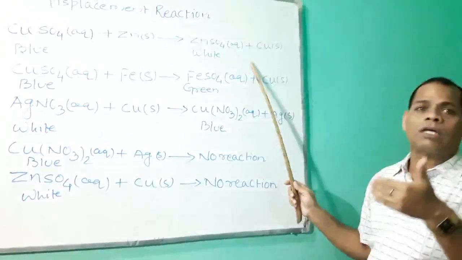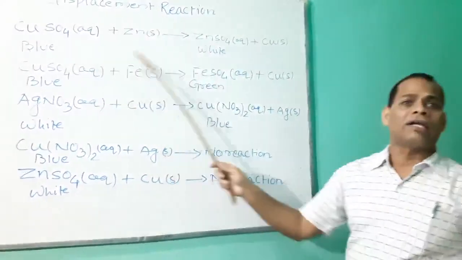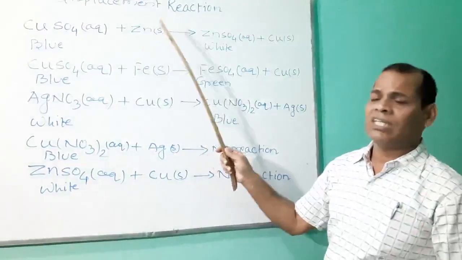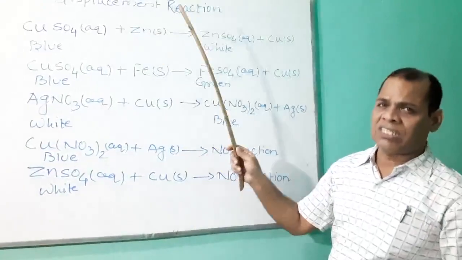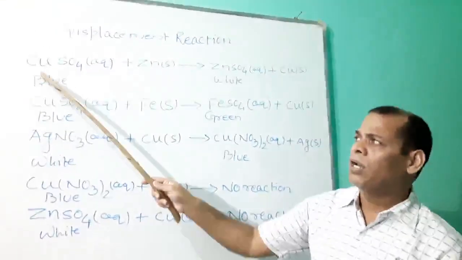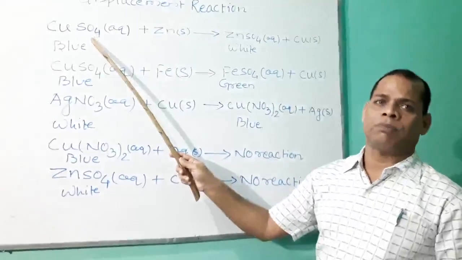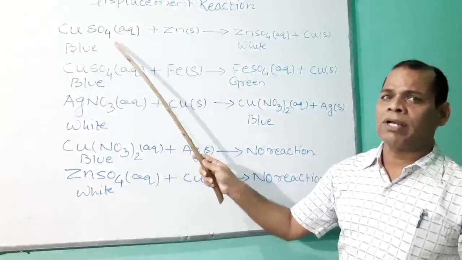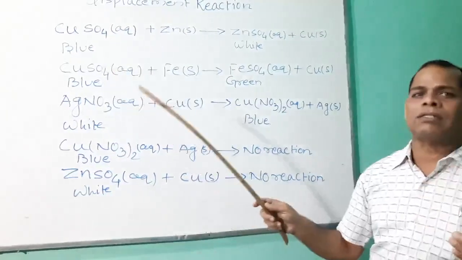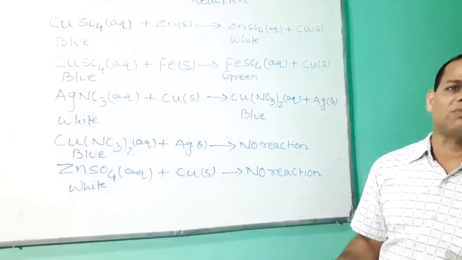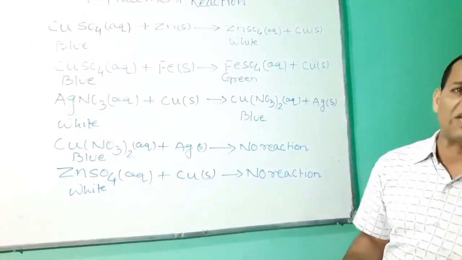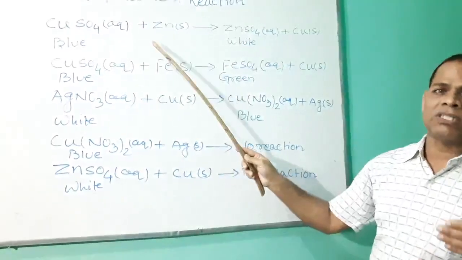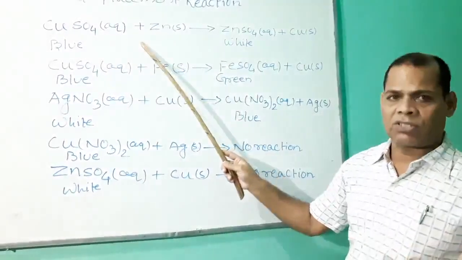So what you can conclude from this experiment is that zinc displaces copper from copper sulfate. It shows that zinc is more reactive than copper. That's why zinc displaces copper from copper sulfate.